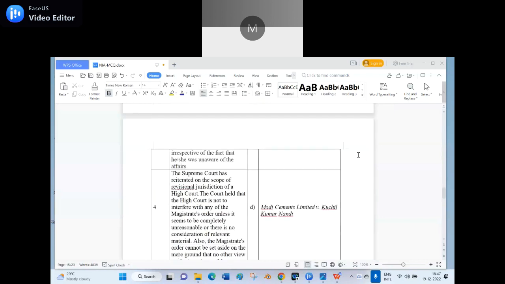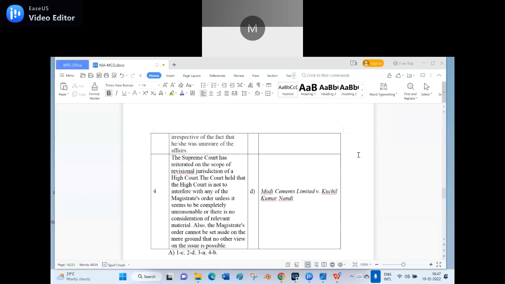The 4th one, the Supreme Court has reiterated the purpose of the revisional jurisdiction of the High Court. The court held that the High Court is not to interfere with any of the magistrate's order unless it seems to be completely unreasonable or there is no consideration of the relevant material. Also, the magistrate's order cannot be set aside on the mere ground that another view on the issue is possible.